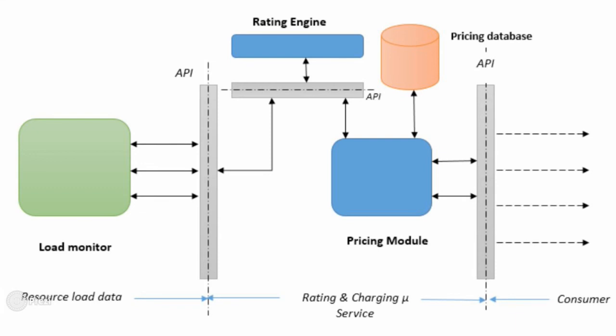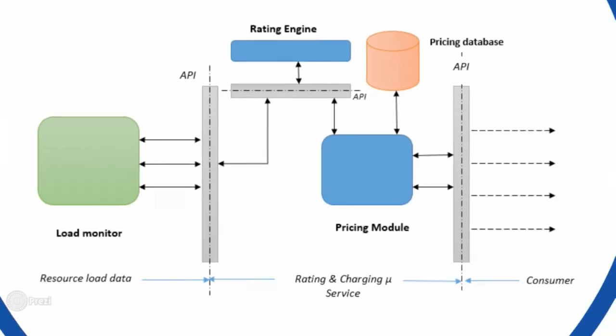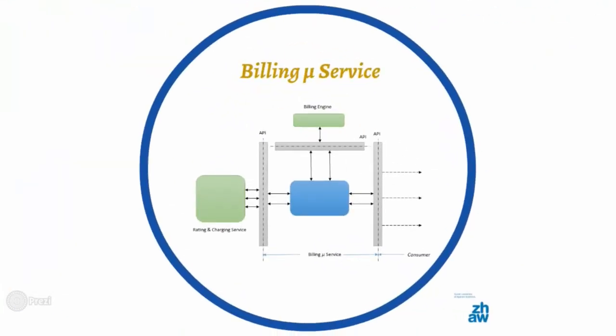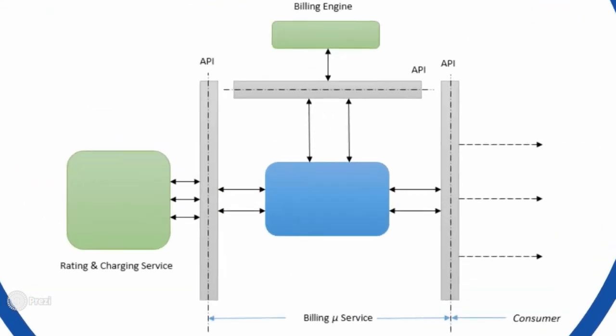Now, this rating value is saved along with the resource usage in the pricing database, and finally, altogether, the rating and charging microservice exposes a value which consists of the pricing value per user, and it could also be extended per tenant.